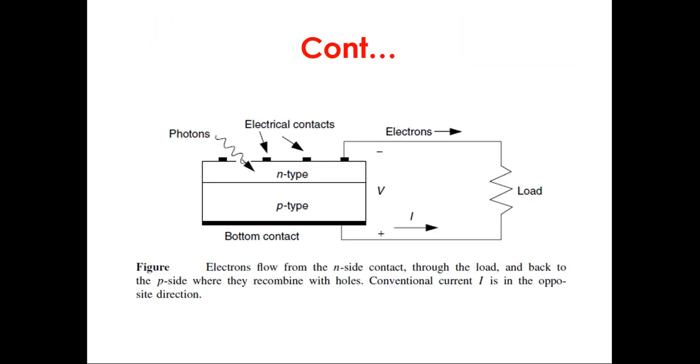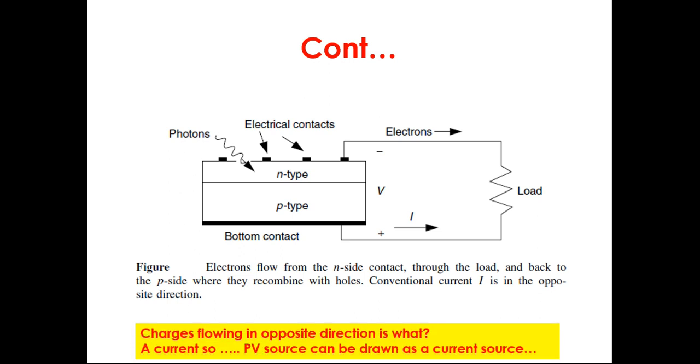Now this is the bulk material. We have top and bottom contacts, from which we can connect the external load. The conventional current I is opposite to the direction of the electron flow. So actually current flows from plus to minus, or we can say anode to cathode.